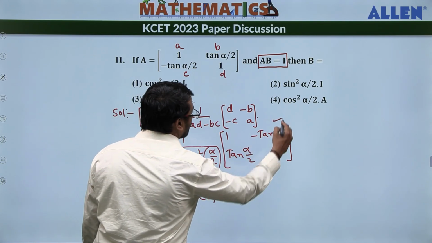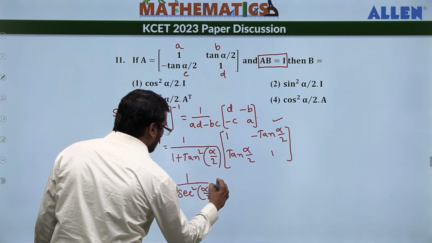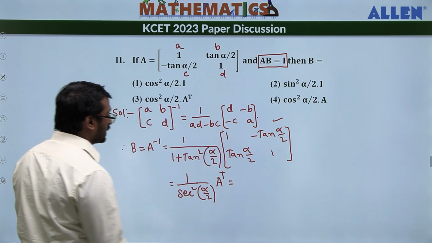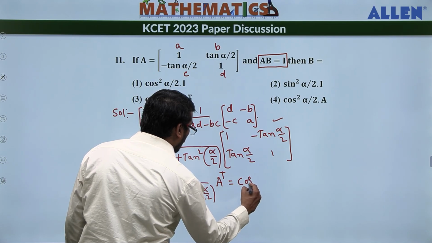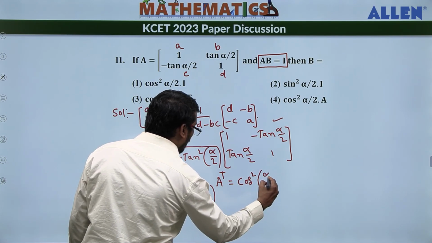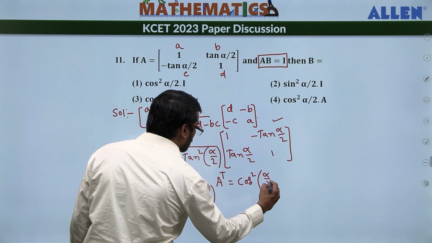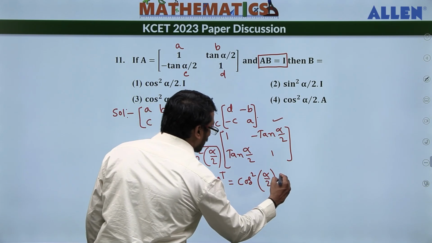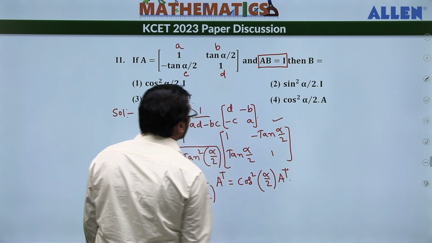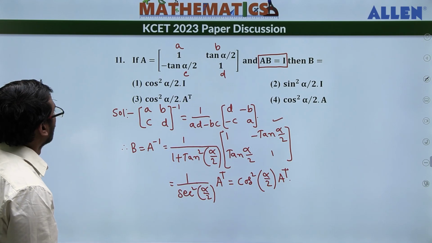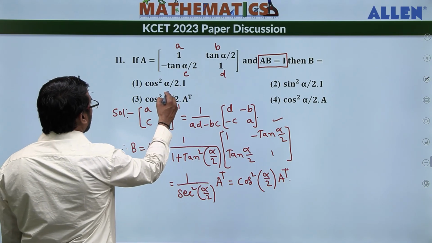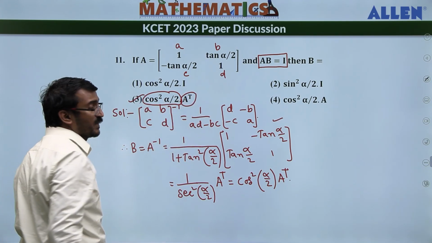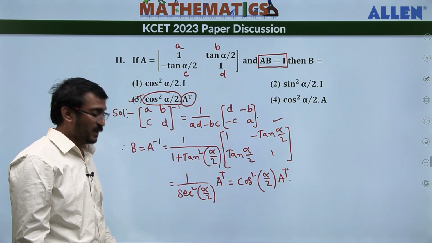What is this one? A transpose. So that becomes cos square of alpha by 2 into A transpose. Which option is correct? Cos square of alpha by 2 into A transpose. Option 3 is correct. Now we will move on to question number 12.